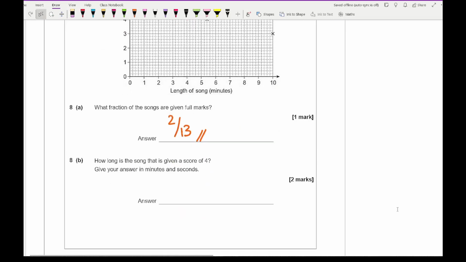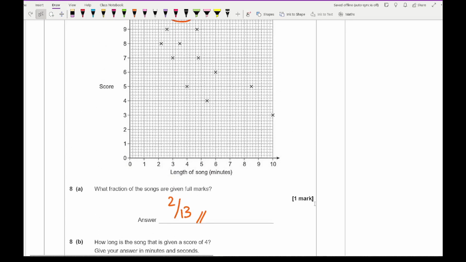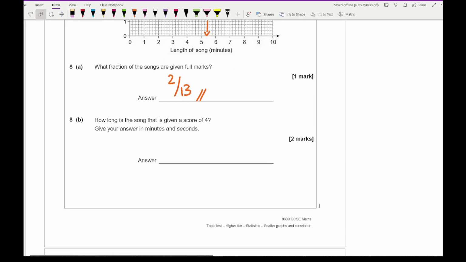It then says how long is the song that was given a score of 4? Give your answer in minutes and seconds. Well, a score of 4 is this one here, and looking at the length, that's 5.4 minutes.